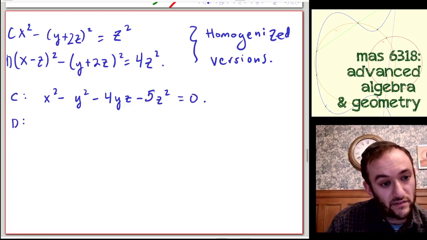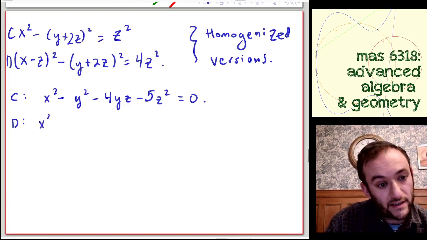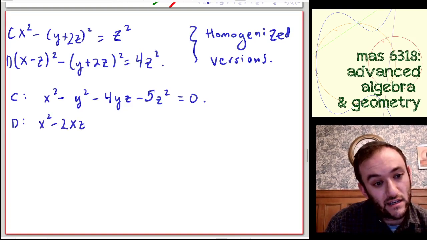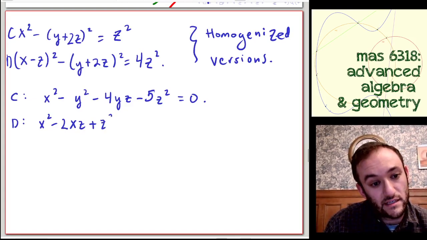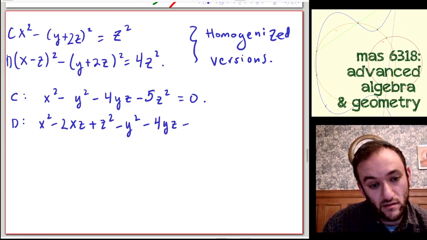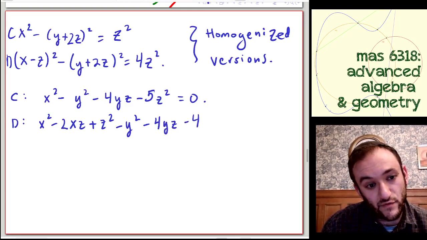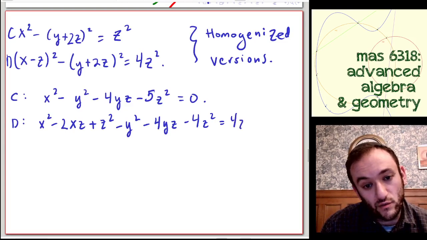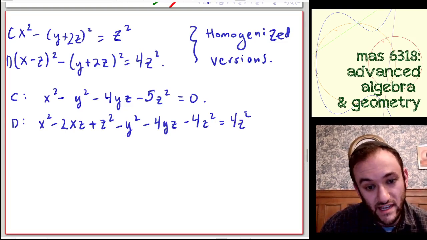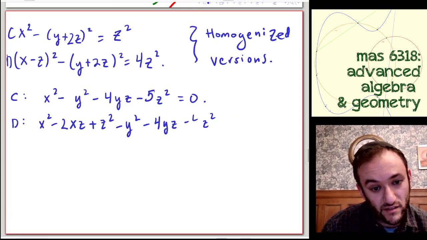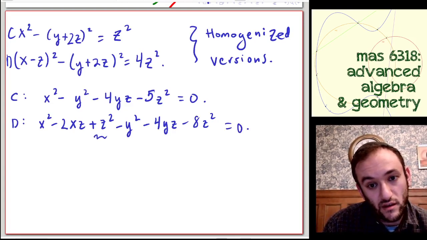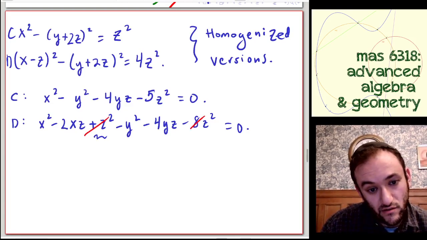Okay, d gives us x squared minus 2xz plus z squared minus y squared minus 4yz minus 4z squared equals 4z squared. So to get everything on one side, I'm going to take this 4z squared and combine it with this one and get minus 8z squared equals 0. But I also have this z squared term, so I'm going to cross this out. This becomes 7.